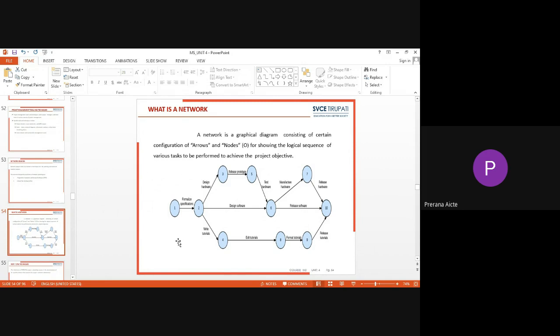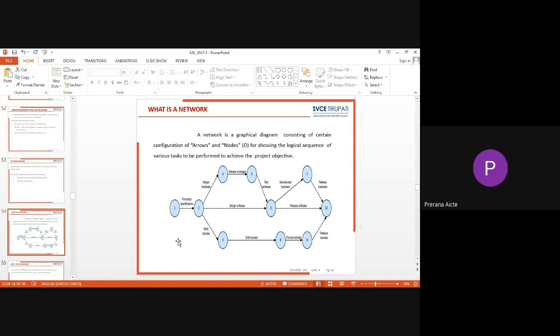First of all, an event simply represents a particular point of time in the duration of the project. That is a milestone.